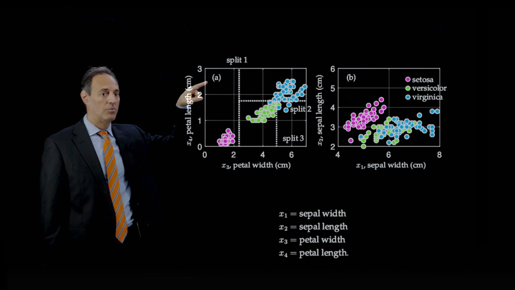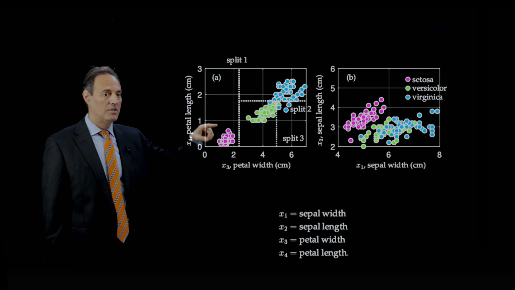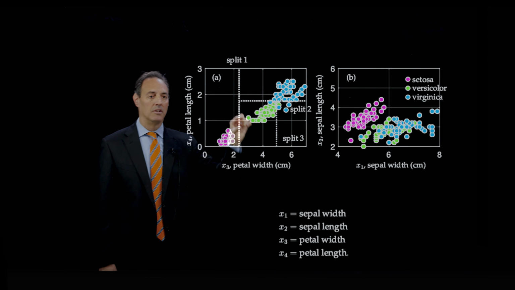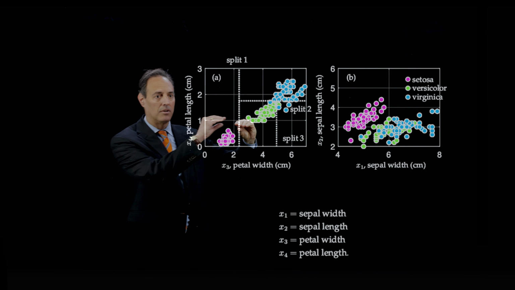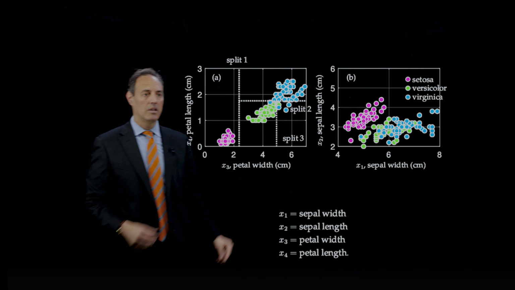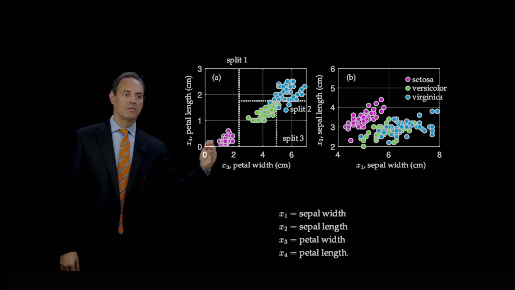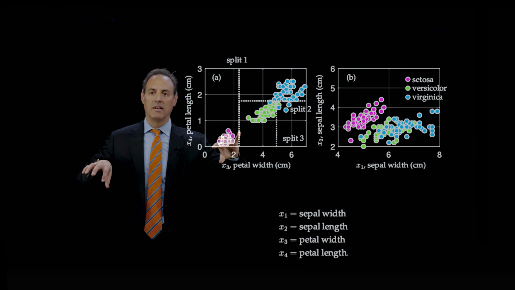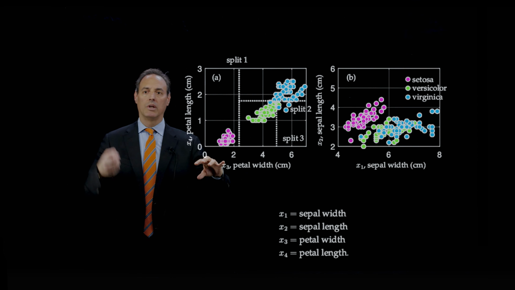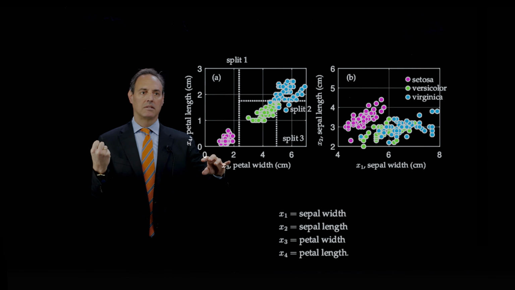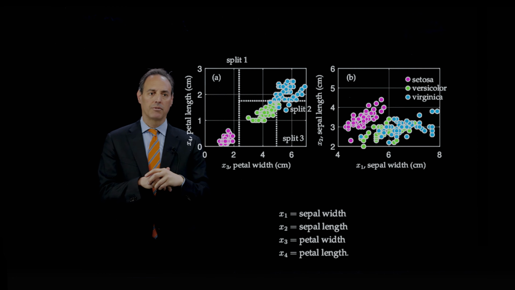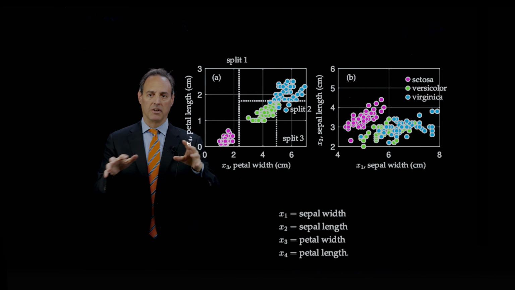It also looks pretty promising, although the gap here in the x3 direction is a little bit bigger than the gap here in the x4 direction. So it says, my first split is in the x3 variable. I get a very nice separation between this class of magenta balls and the rest of the data. Okay, that's your first split. You've made a decision.